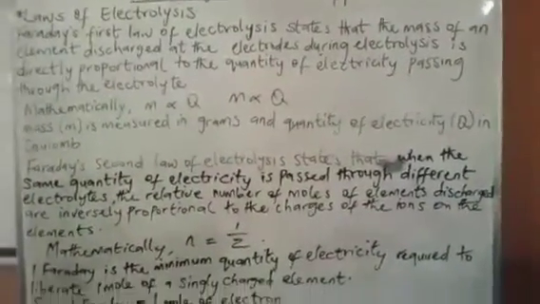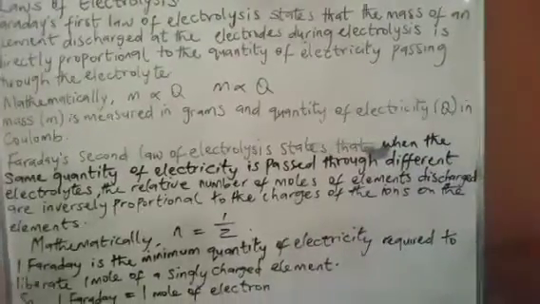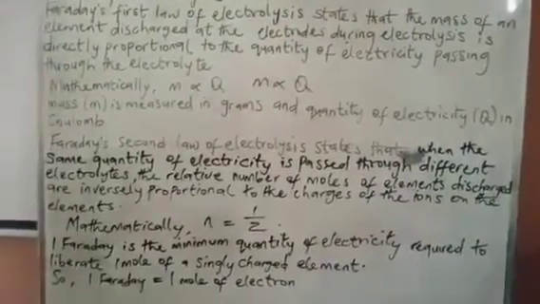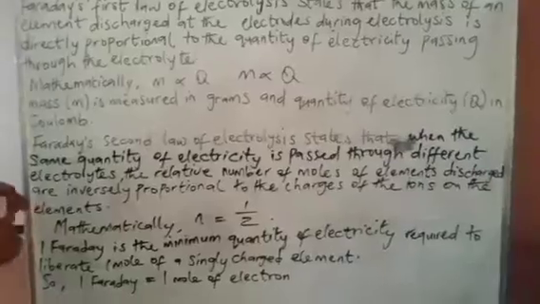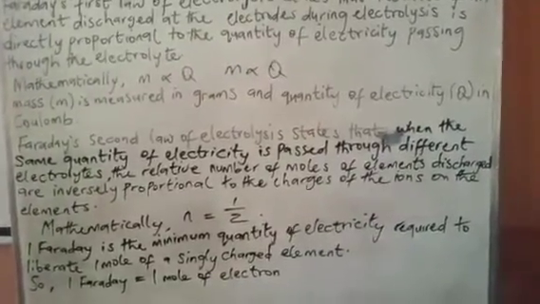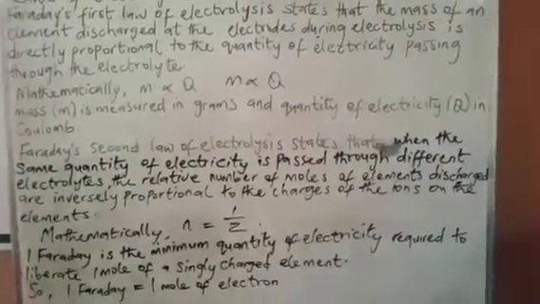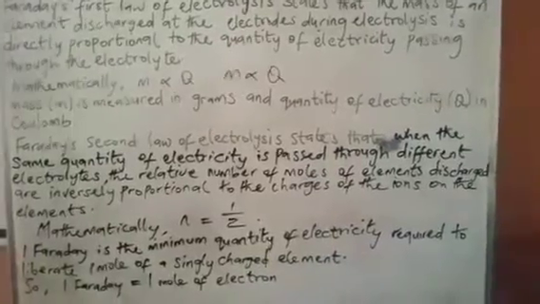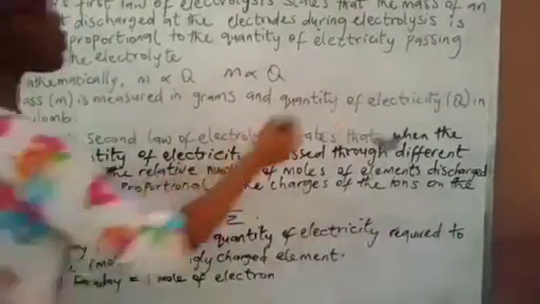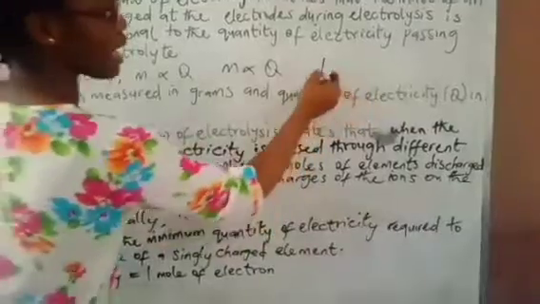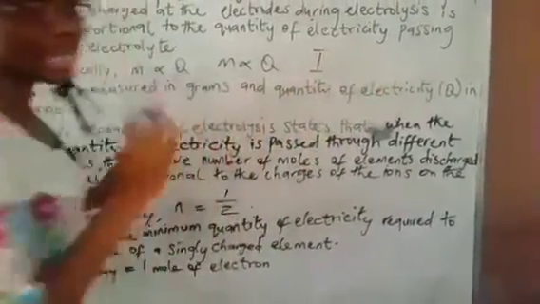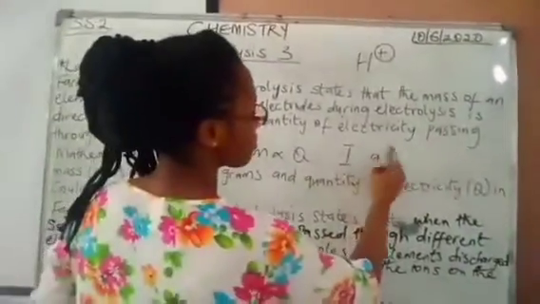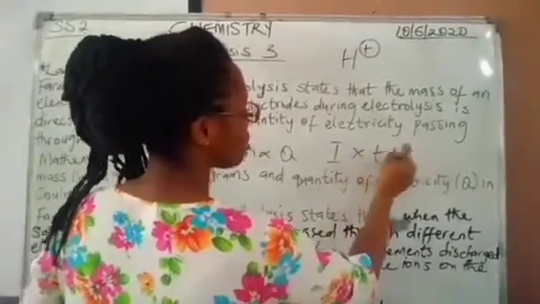In physics, we already know that the quantity of electricity passed through a circuit, or for us the electrolytic cell, can be given as the product of current, that's I, and the time taken for the current.